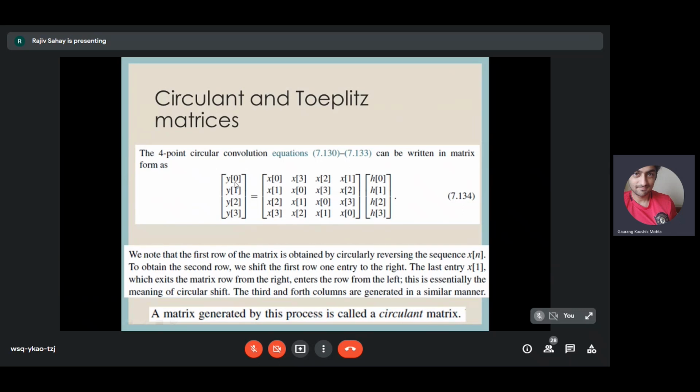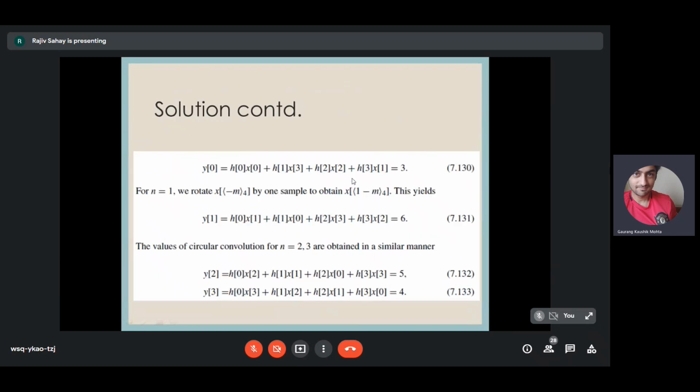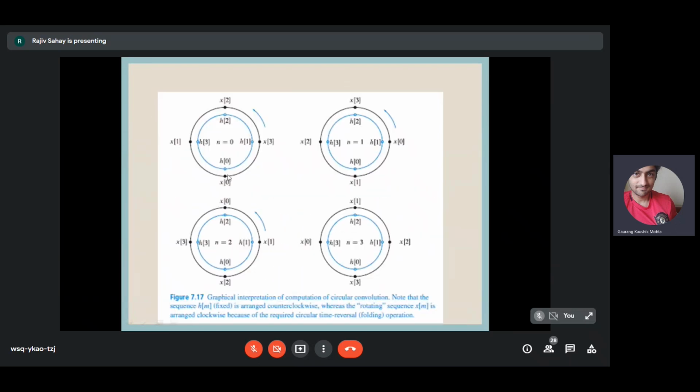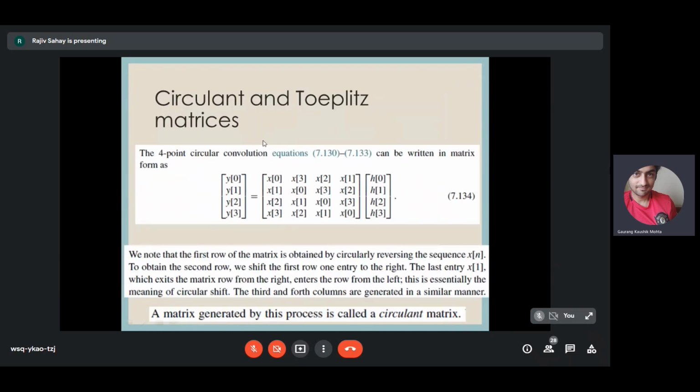To calculate y0, you have x0, x3, x2, x1. Let us look here. We have x0, x3, x2, x1. Can you see from the circular buffer? Yes. So for y0, x0, x3, x2, x1 are multiplied with h0, h1, h2, h3.